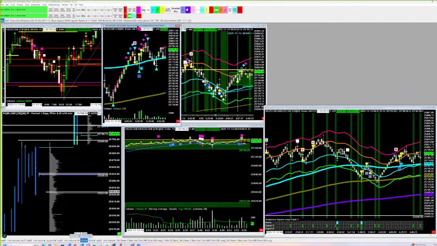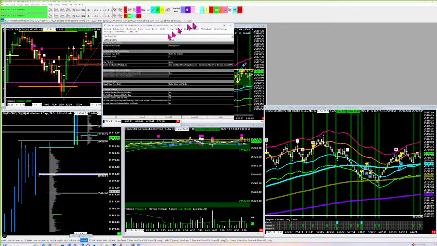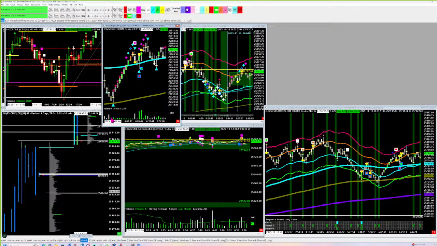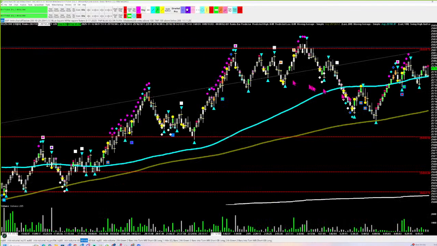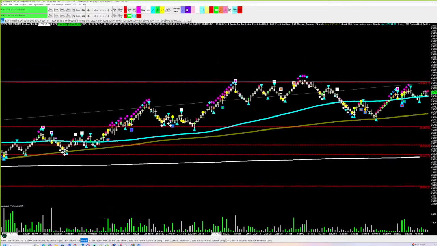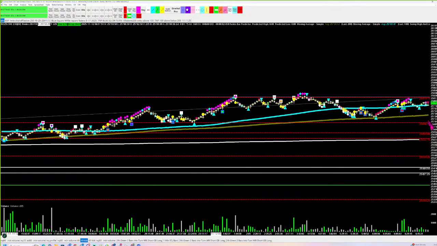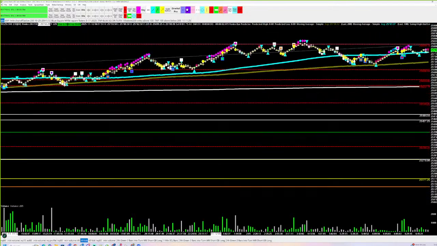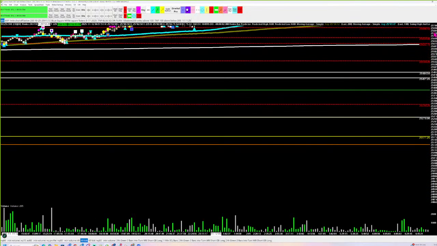So F5, chart trines. And there's all those levels, all the way up and down, that I'd be looking for.